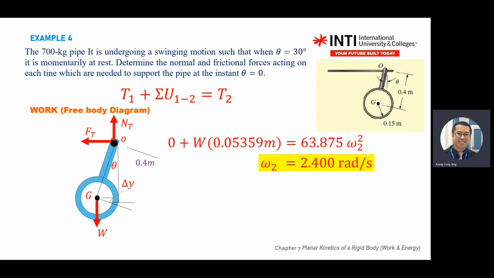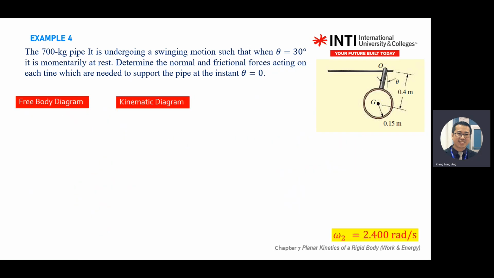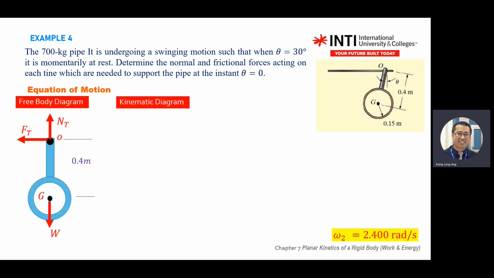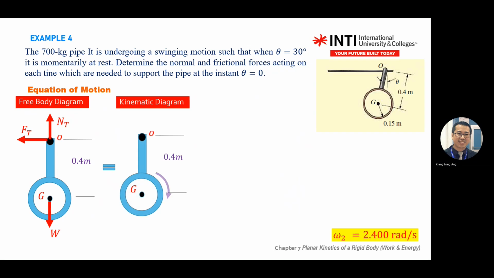Right? So how do you solve for omega? You need to use the kinetic equation of motion, free body diagram, this one from 0 degree. So when it reaches 0 degree, weight at here, 0.4 meter, contact force and friction force, kinetic, you have Ig alpha already.